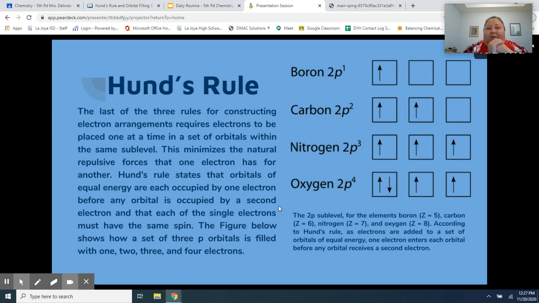For the p orbital, you have 3 versions of that p orbital. For the d orbital, there are 5 different versions. And for the f orbital, we have 7 different versions. For today, we're only going to be working with the 3 versions of the p orbital.